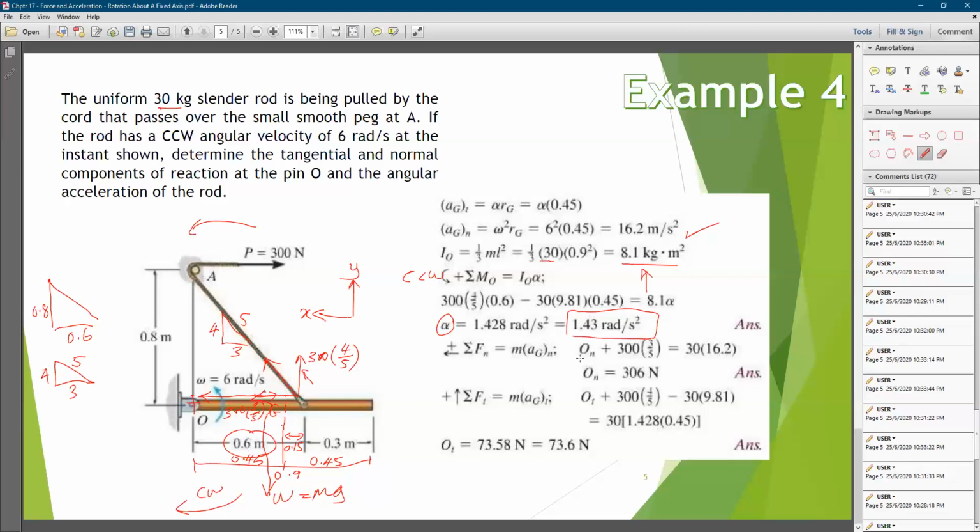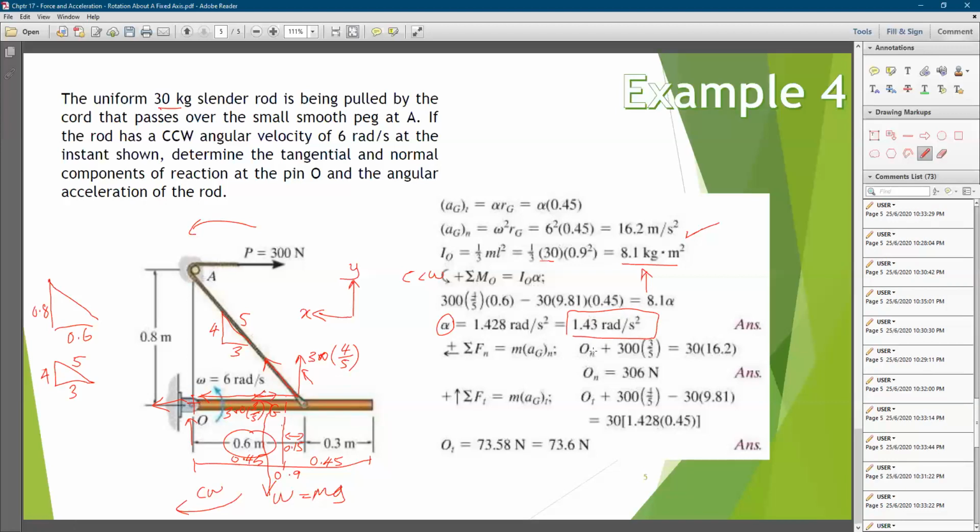Now the normal reaction force at point O is going to be like this, going that way and going this way, to support and resist the point here.